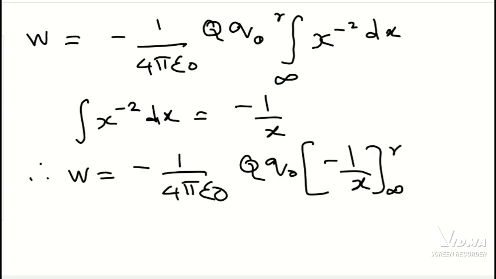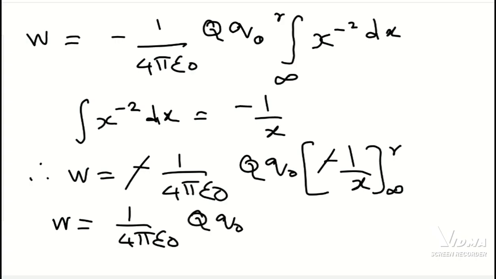So we can see that this minus will be cancelled out, and we will get W is equal to 1 by 4 pi epsilon naught capital Q into q naught. Now apply the limits, you will get 1 by r minus 1 by infinity.